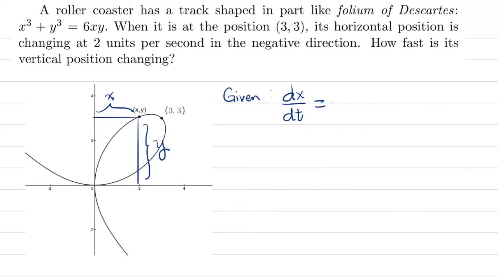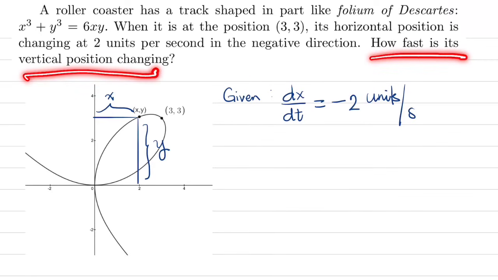Equals negative 2 units per second. Why negative 2? Okay? Because the direction is negative. Now, we want to know how fast its vertical position is changing.